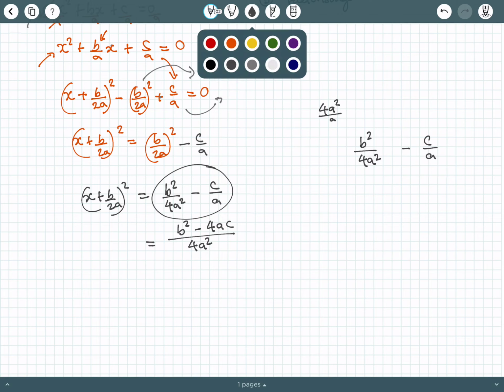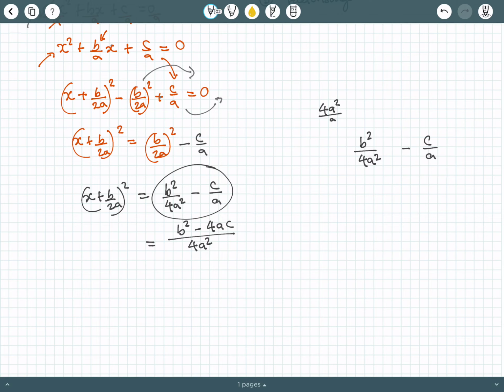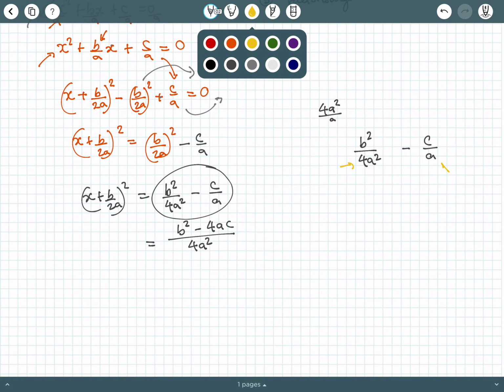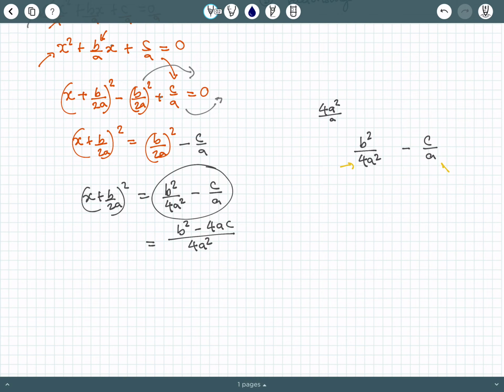So what you do is, remember, if you've got two denominators, this one and that one, what you do is you multiply this a, you're going to multiply it here. So you multiply here, the top and bottom.